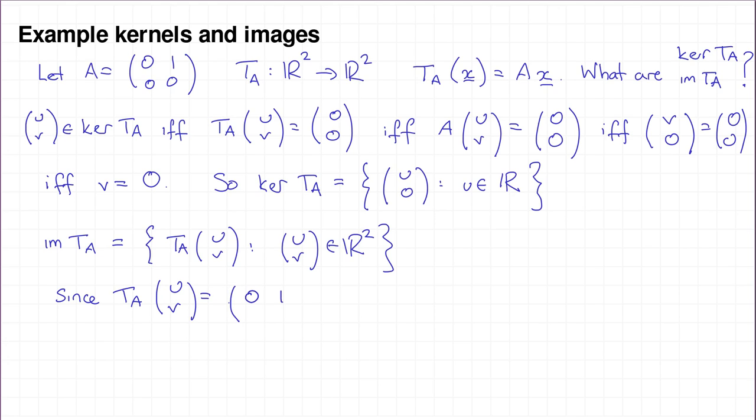It's 0, 1, 0, 0 multiplied into (u, v). And then we did this before. What you get is (v, 0), like this. So the image of TA is simply the set of all things of the form (v, 0) for v some real number.